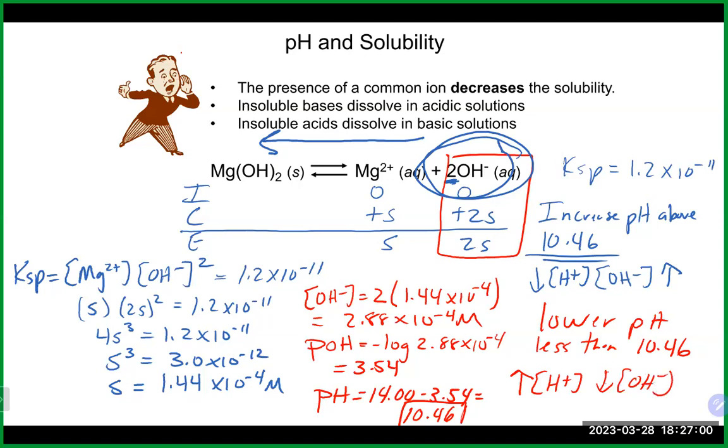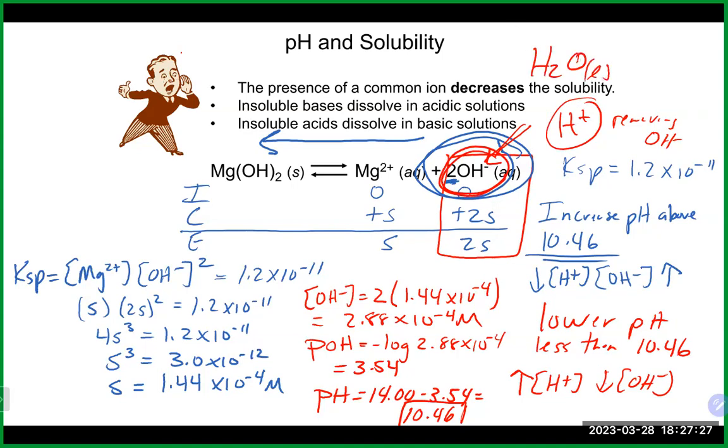Looking at this equilibrium, if I increase the H plus, what will happen in this case? So I'm basically increasing that H plus concentration, or if you want to look at it, removing OH minus. So H plus and OH minus, what do they make? H plus and OH minus make H2O.